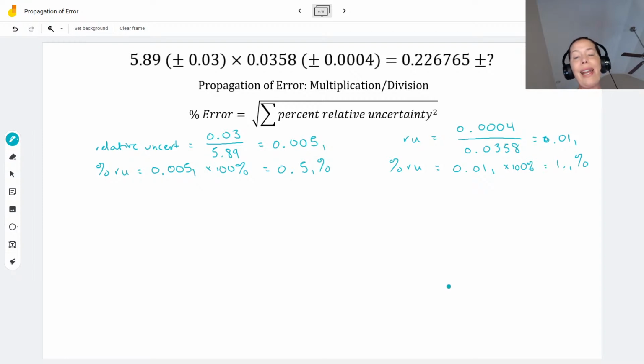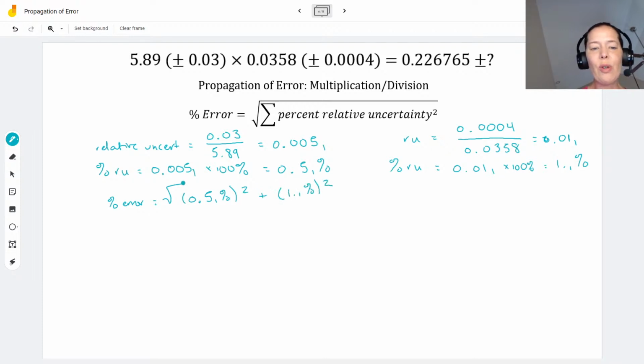Okay, so now that I have calculated my percent relative uncertainties, I can actually use my error calculation here. Okay, so my percent error for doing this calculation, I'm going to have a very long radical. So I'm going to take each of my percent relative uncertainties, so that is my 0.51%, and it's going to be squared, and I'm going to add it to my second one, which is actually down here. That is 1.1%.